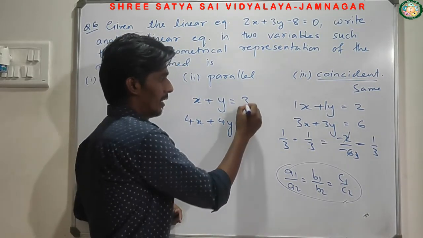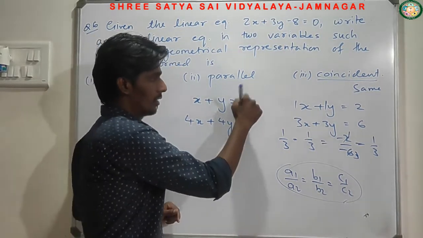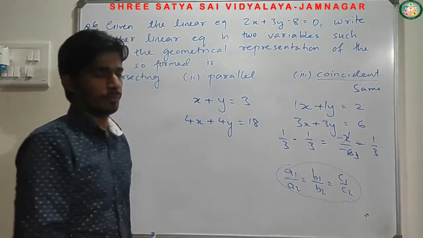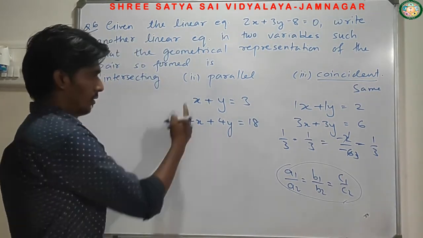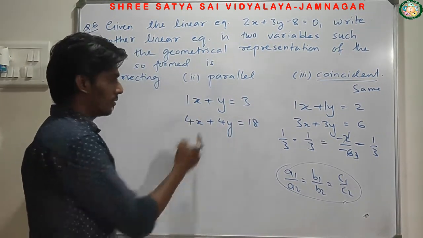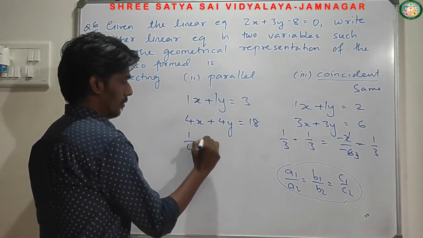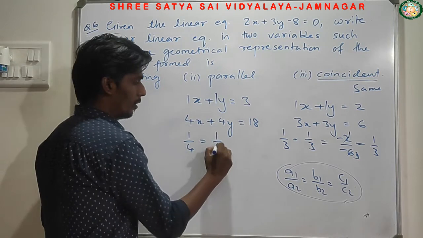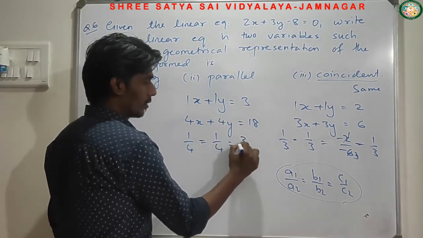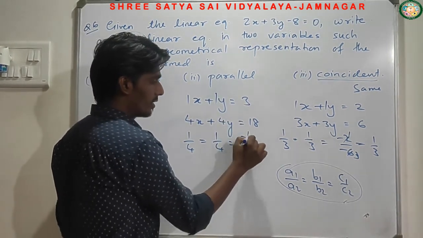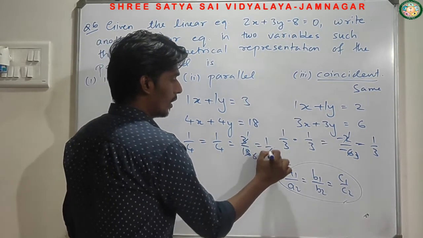Let's check here. Let me multiply by 6. 3 6s are 18. Now let's find the ratios. If nothing is there it means 1. So 1 upon 4, and 1 upon 4. But here it is 3 upon 18. 3 1s are 3, 3 6s are 18, so 1 upon 6.